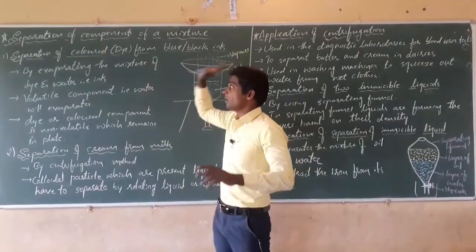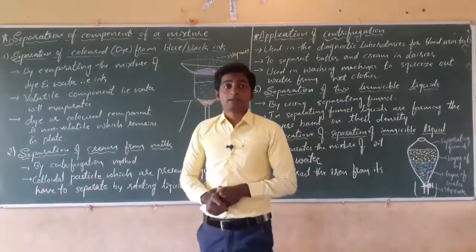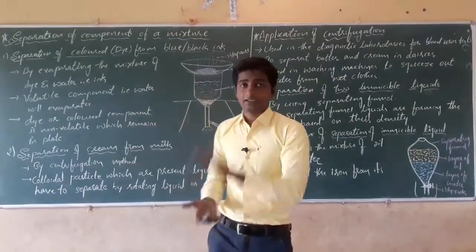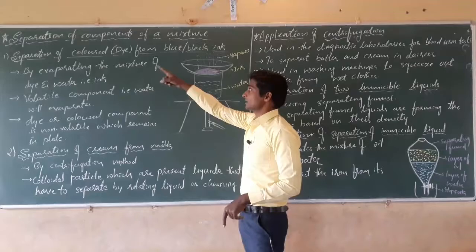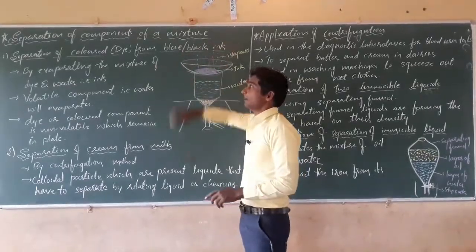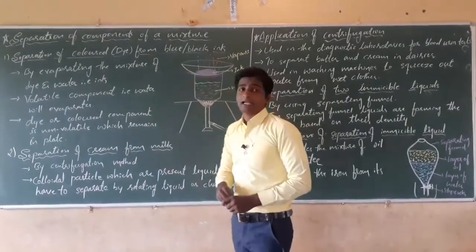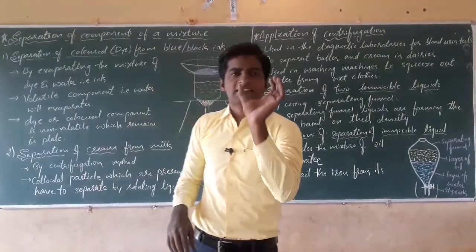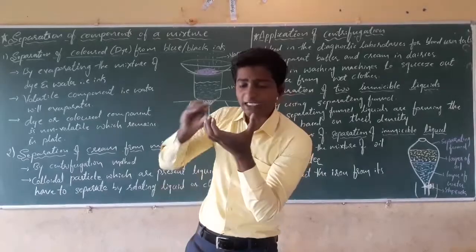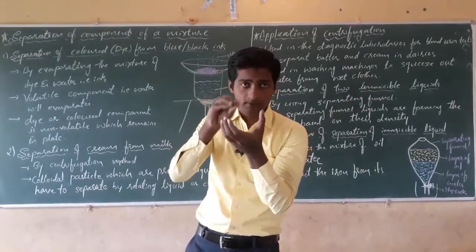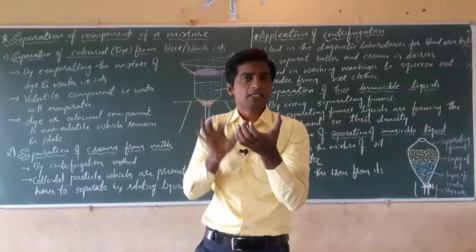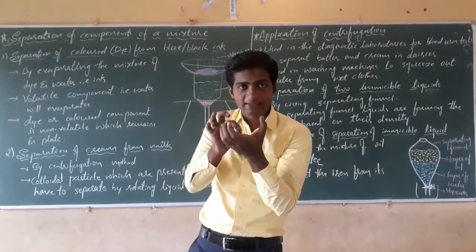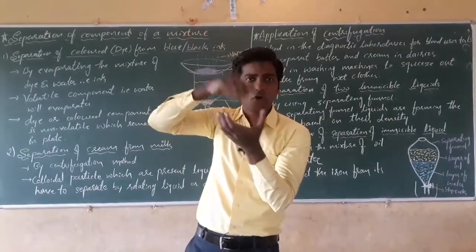Dear students, the very first method is the separation of a non-volatile substance from a volatile substance by evaporation. Here they have given blue or black dyes. You might have seen in your last class that blue ink or black ink contains colloidal particles of dyes which are present in water.